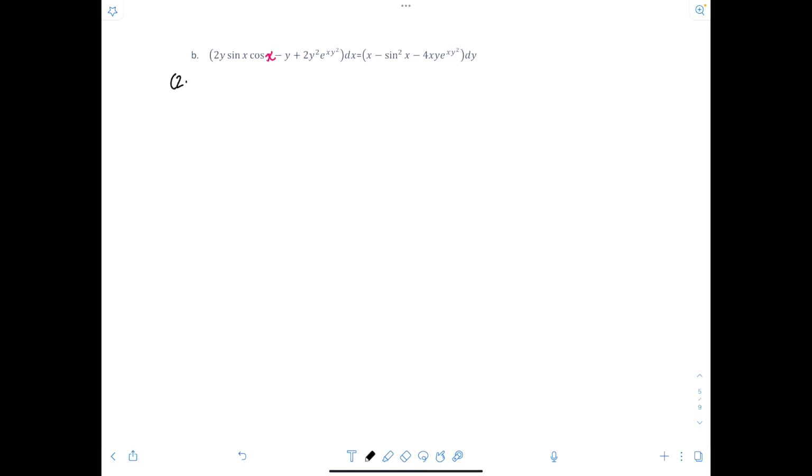So we'll have 2y times sine of x times cosine of x minus y plus 2y squared e to the xy squared, all of that times dx. Now, plus, but you're going to have to change the sign on everything.